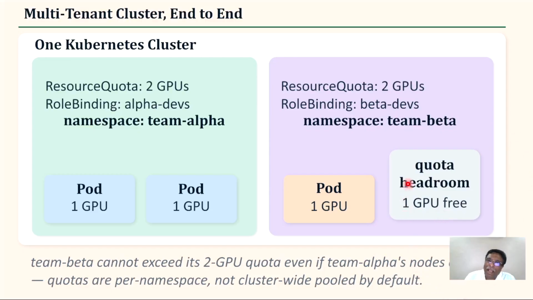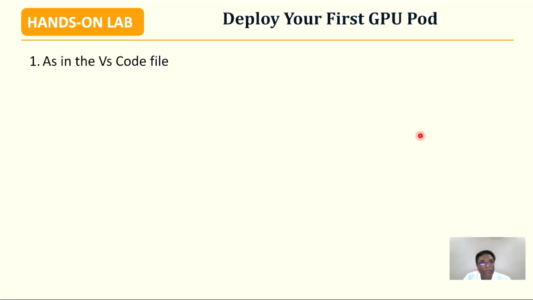You cannot have another GPU free here. That's what it means. So quotas are per namespace, not cluster-wide pooled by default. That is the intention of this slide.